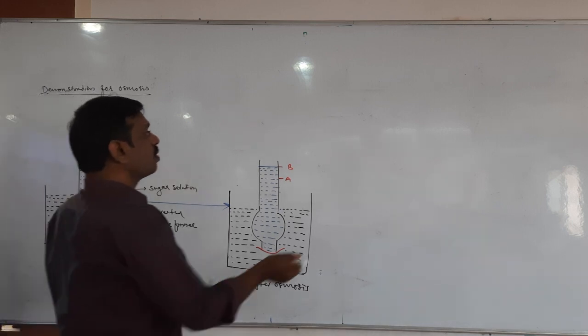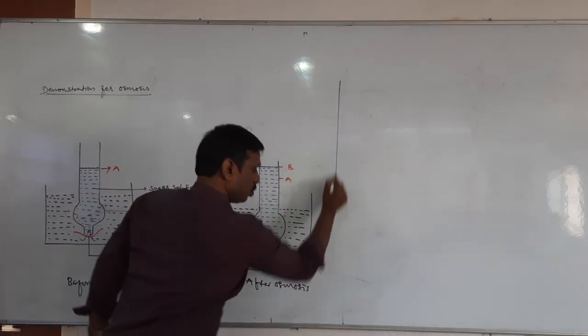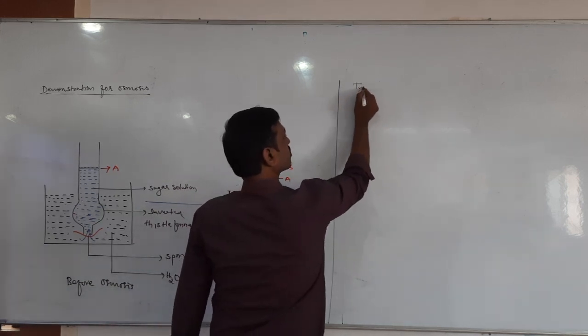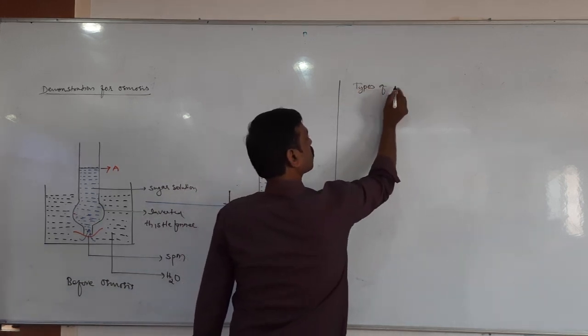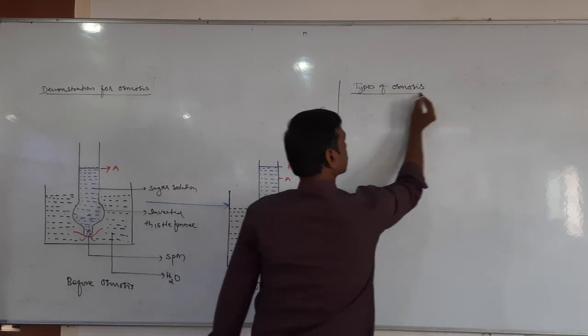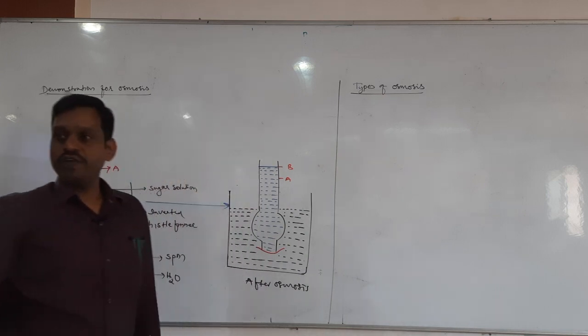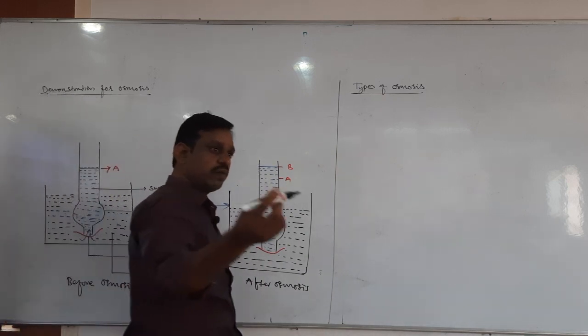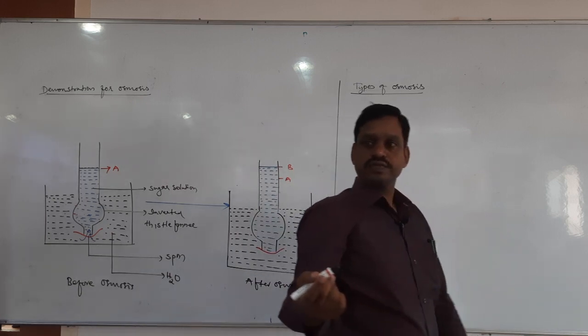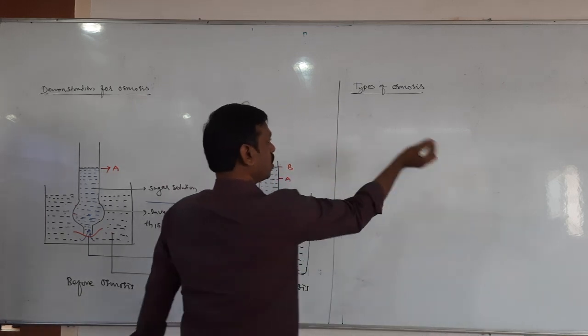Next is, there are two types of osmosis. So usually we study two types, even you might have studied in botany, zoology, biology. One is exoosmosis and the second one is endoosmosis.